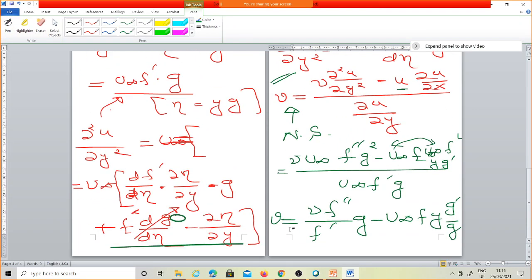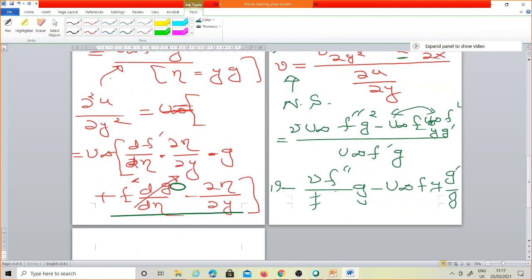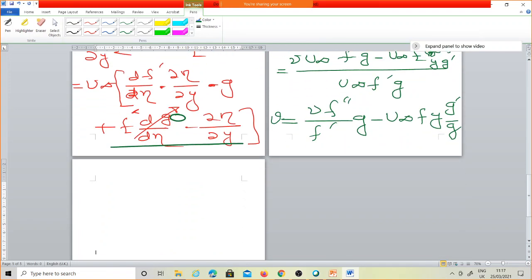Okay, so if you have managed till now, so what you are going to do? Okay, so you have v, but you know that the continuity equation is del u by del x plus del v by del y is equal to 0, right? So what we are going to do, we already have v, but we need dv by dy.